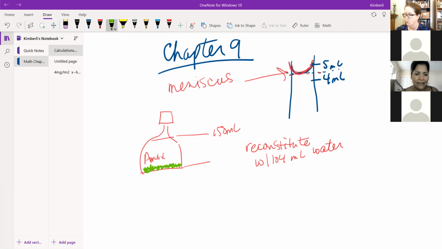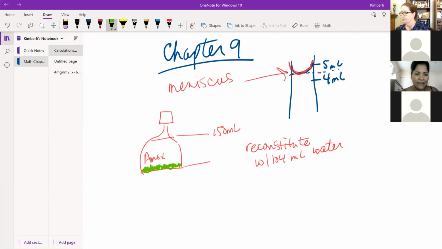Now the powder has a weight, but remember, some powders are going to be very light, like talcum powder, and not weigh a lot. And other powders are going to be really heavy, okay, and take up a lot of space.